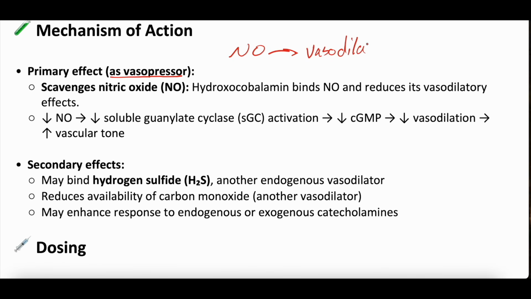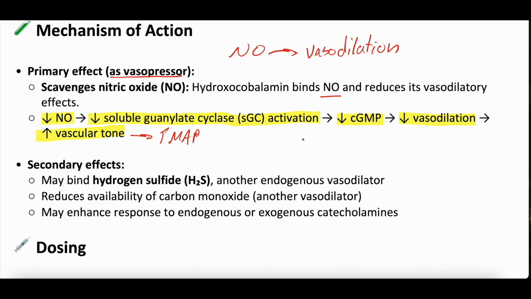So what hydroxocobalamin does is it binds nitric oxide, and when it binds nitric oxide and decreases the amount of functional nitric oxide, that decreases soluble guanylate cyclase, or sGC activation. That then decreases cGMP, that decreases the amount of vasodilation and increases vascular tone, thus possibly increasing mean arterial blood pressure.